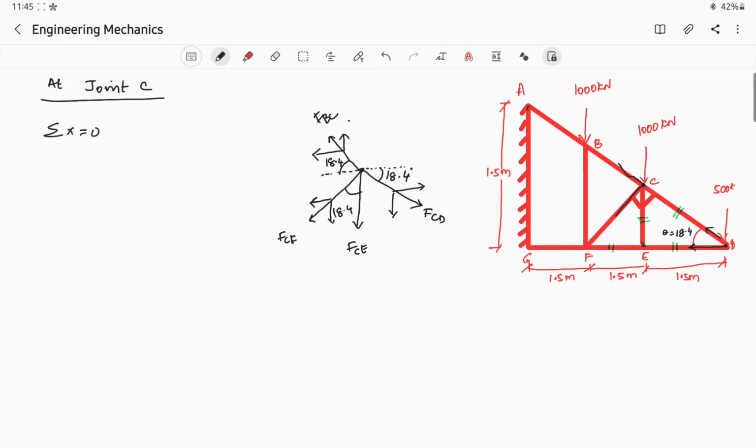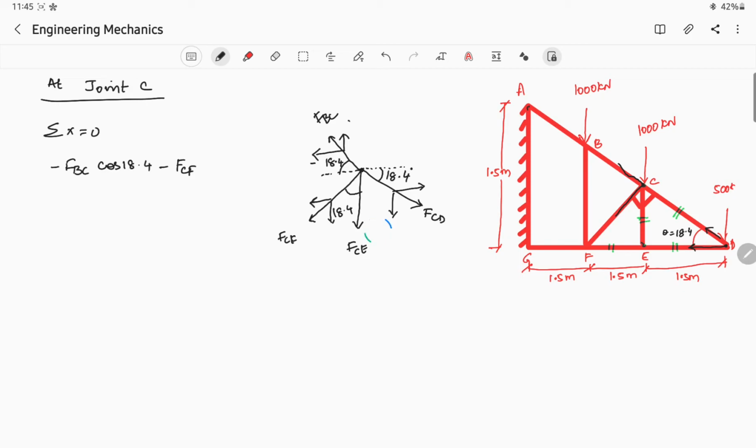So force in member BC, FBC, angle is with x-axis, so cos 18.4, minus FCF, angle is with y-axis. So if angle is with y-axis, what happens? Horizontal component will become sine, right?